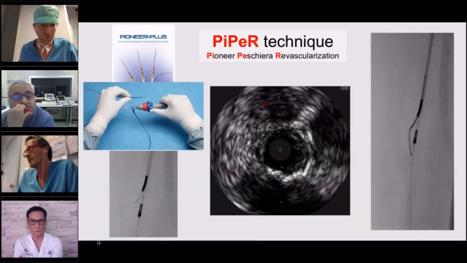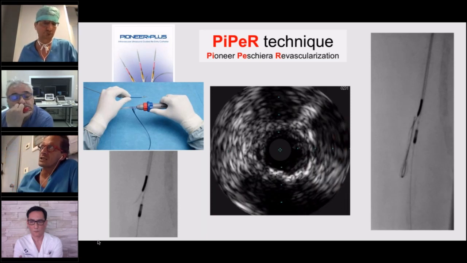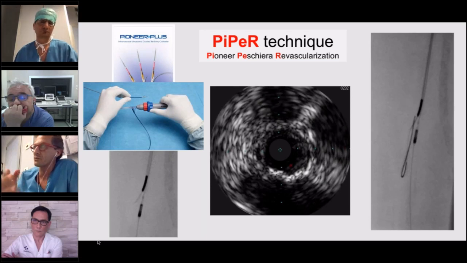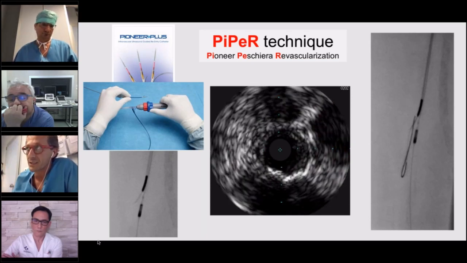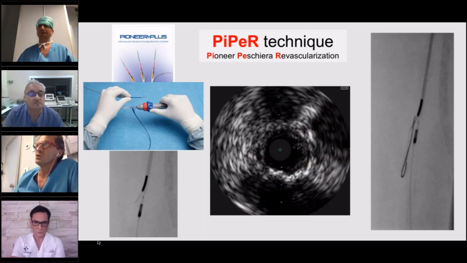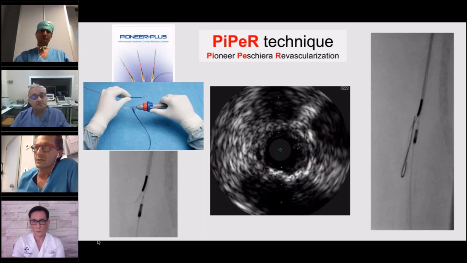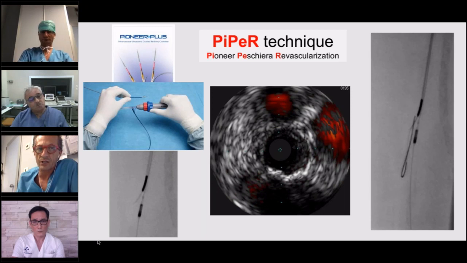About the PIPER technique, the idea started in 2017 after the market relaunch by Philips of this catheter, the Pioneer Plus catheter, an IVUS guided needle catheter used to create the AV connection.